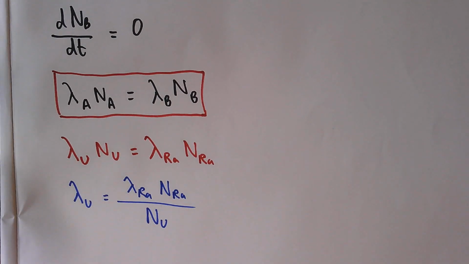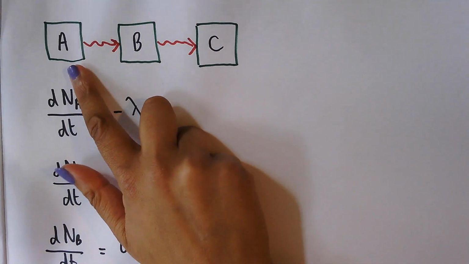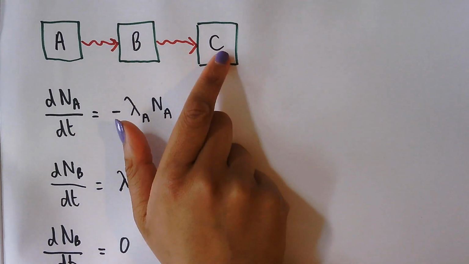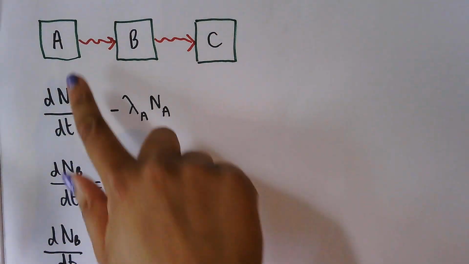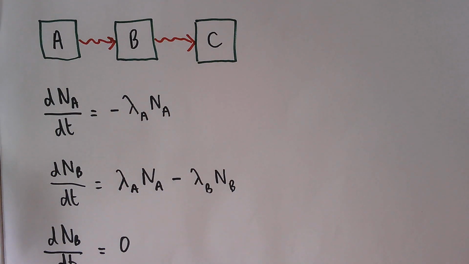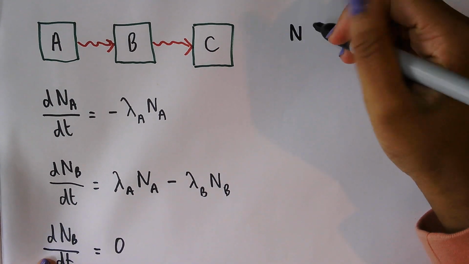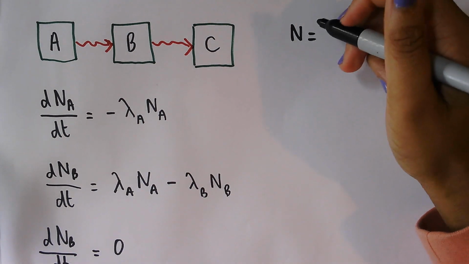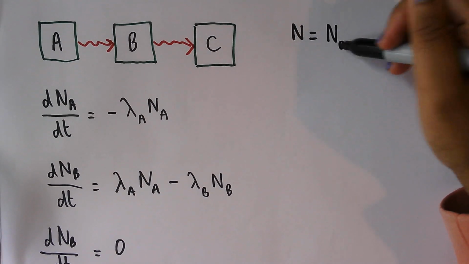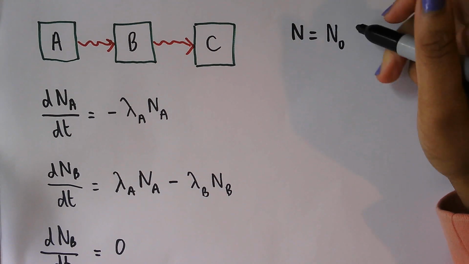As you can see in this diagram here, when A decays into B and B decays into C, there is something called an exponential decay law in both of these decay processes, and we can write that as N, which is the number of nuclei in a sample at any moment, equals N0, which is the initial number of nuclei in a sample.